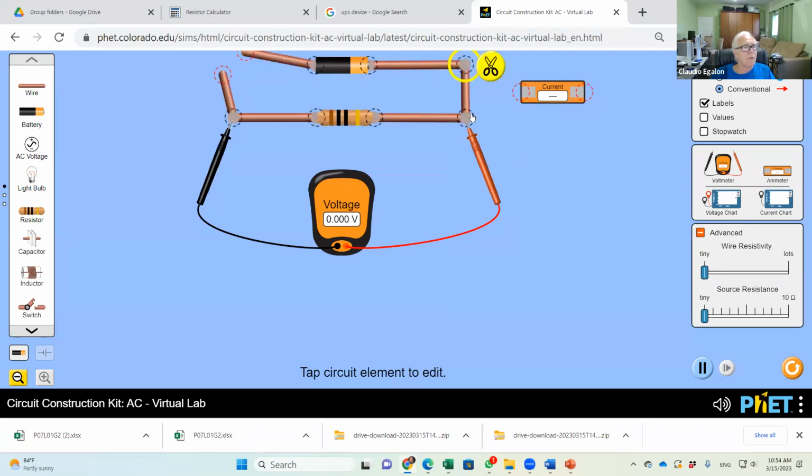You have to disconnect the resistor from the battery, okay? And the meter would be displaying the resistance of the resistor here. Unfortunately, they don't have that here. They have only the voltmeter and the ammeter.